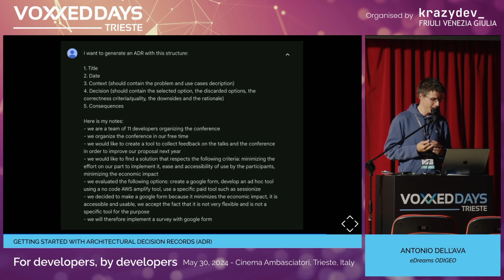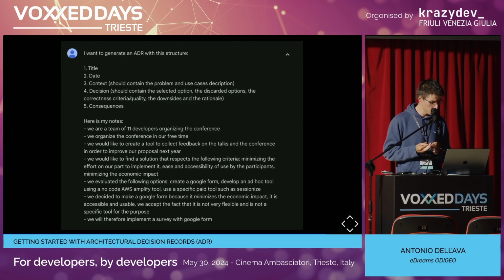It's the Voxxed Days, where the developers that are actually organizing the conference wanted to decide which tool they wanted to use to collect the participant feedbacks, okay? So we would like to create a tool to collect feedback on the talks and the conference in order to provide our proposal for the next year.